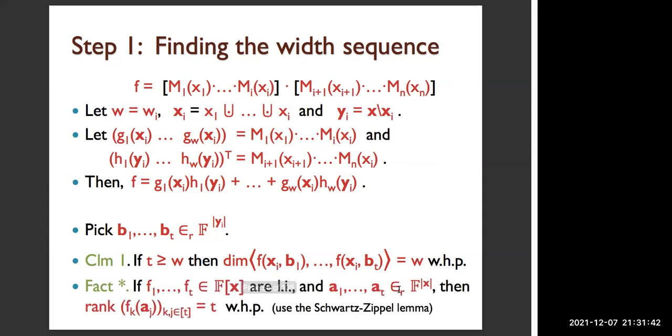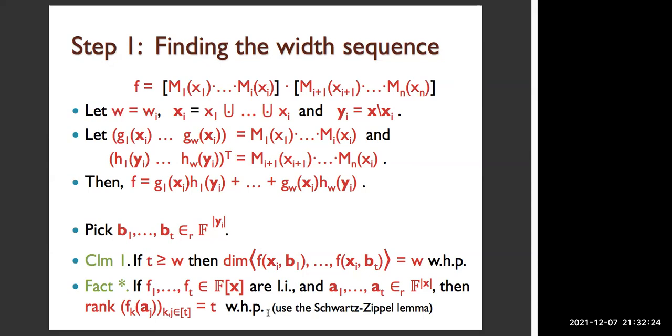Why is that? That is because of a very easy to verify fact and using the Schwarz-Zippel lemma. It's a very simple but cute thing that gets used a lot in reconstruction algorithms: if you have a bunch of multivariate polynomials, f1 through ft, and suppose they're linearly independent, and you pick random points a1 through at, the same t, these points meant to substitute the x variables, and you form this t by t matrix where the f's are evaluated at a's, then the rank of this matrix would be t with high probability.